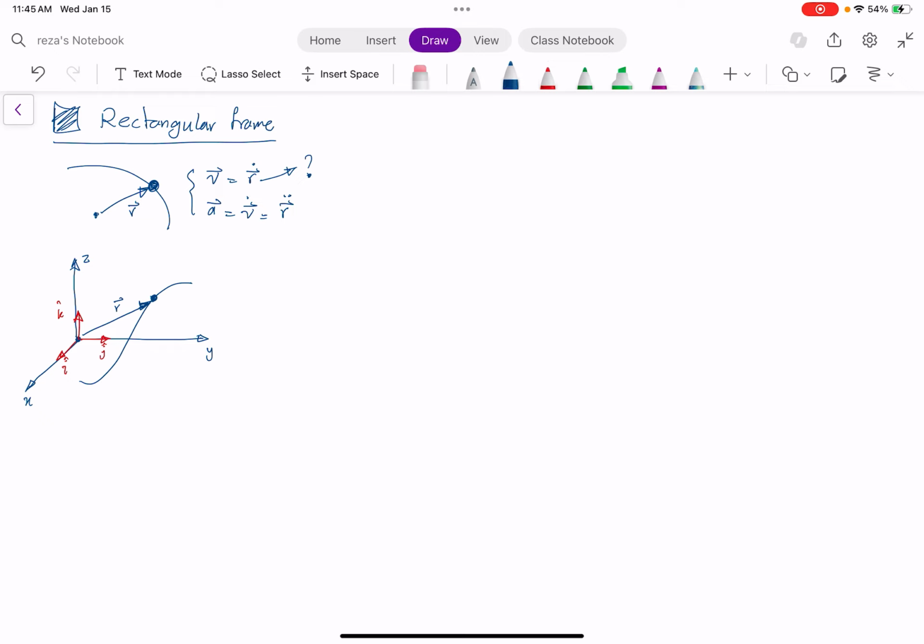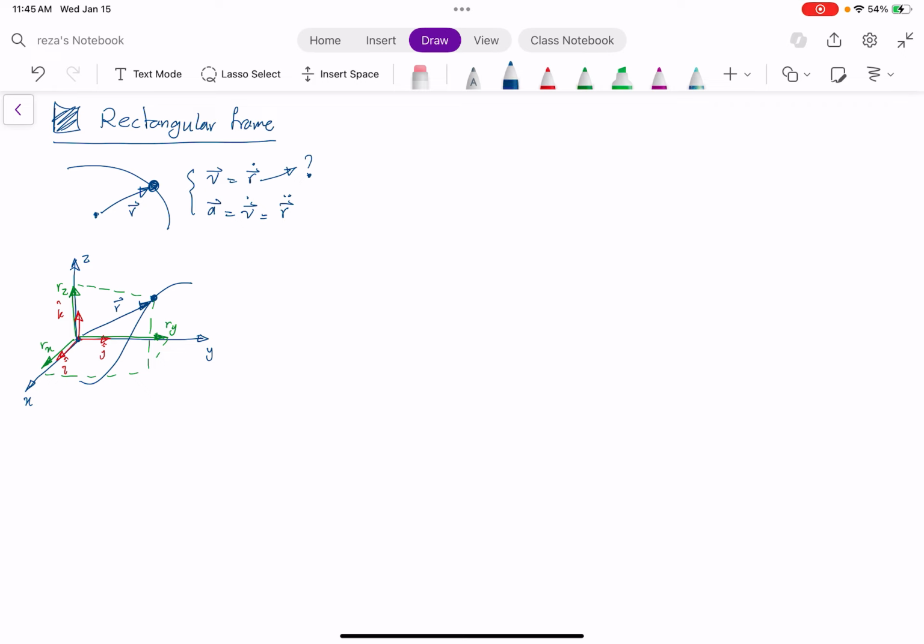I can project my vector r onto these axes and calculate the components of the r vector along them. So I have rx, ry, and rz.